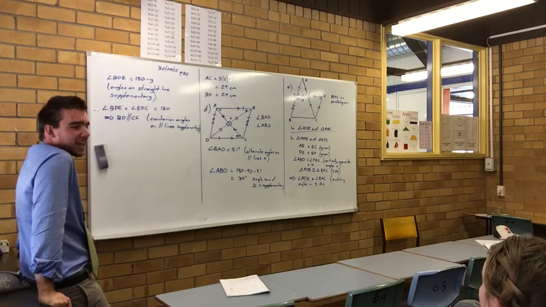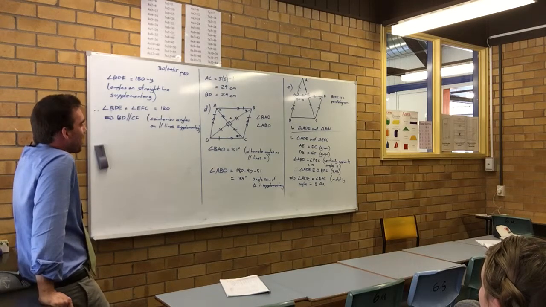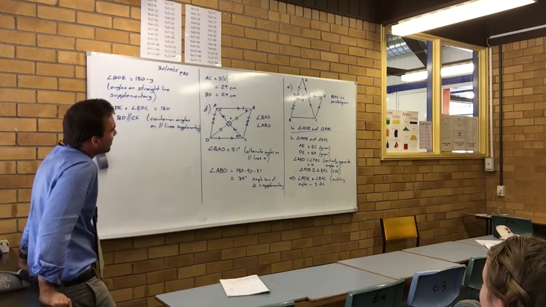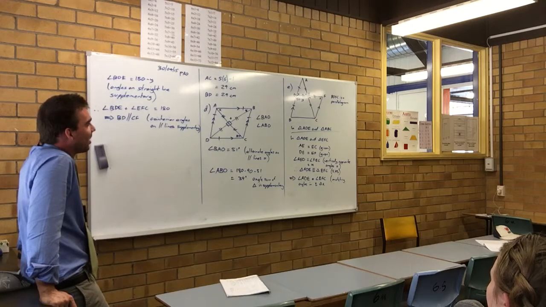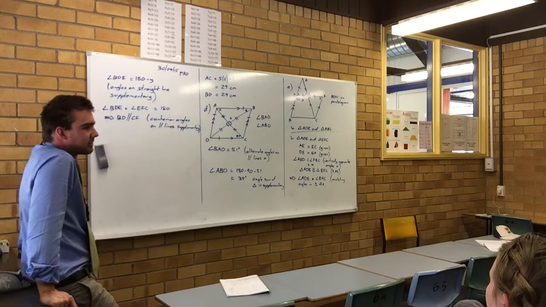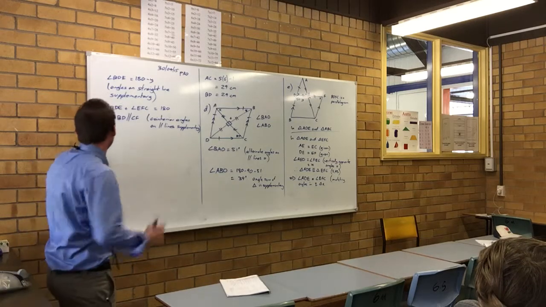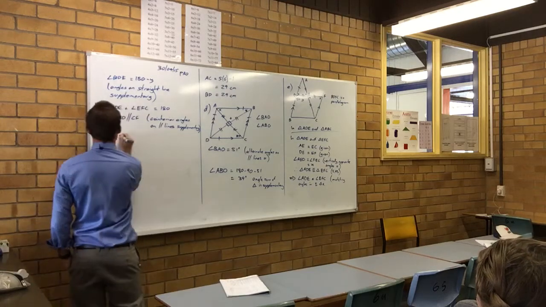And this is where I was starting my question because I could have done it with my start. So you're probably going to have to do what I'm about to do, unless I can see a quicker way to show DF is parallel to BC. Alright, so back to my start.